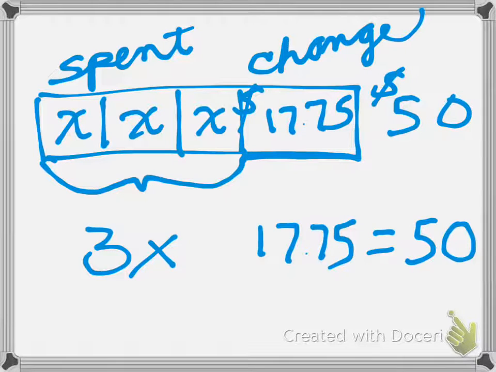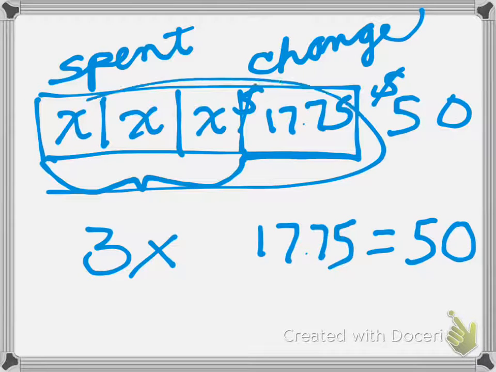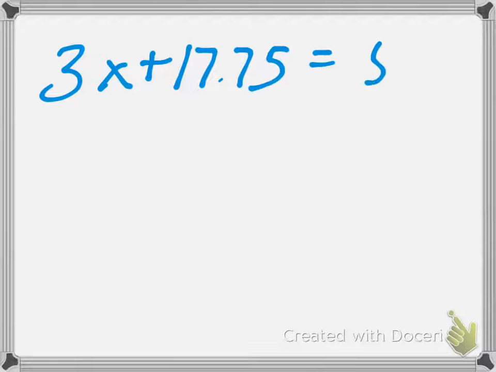So since these here are put together to make the 50, we're going to add. So 3x plus $17.75 equals 50. So that's going to be our equation.